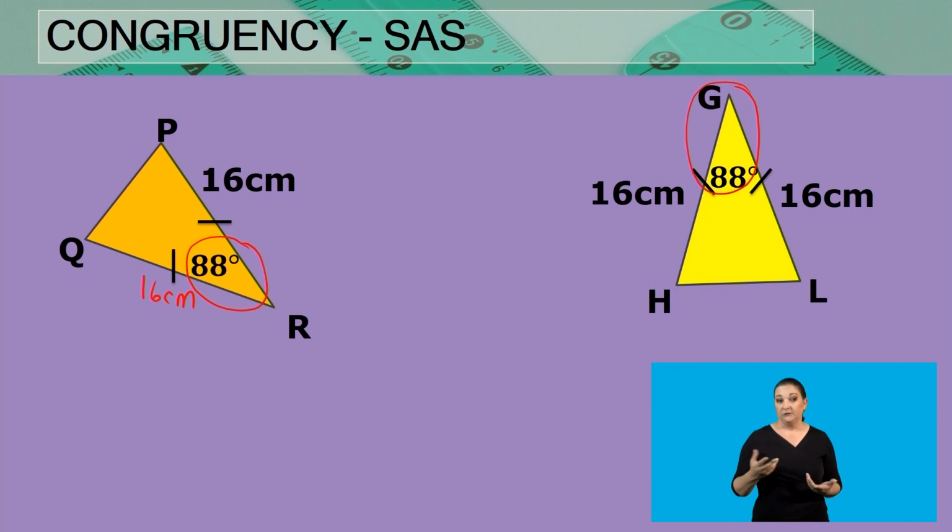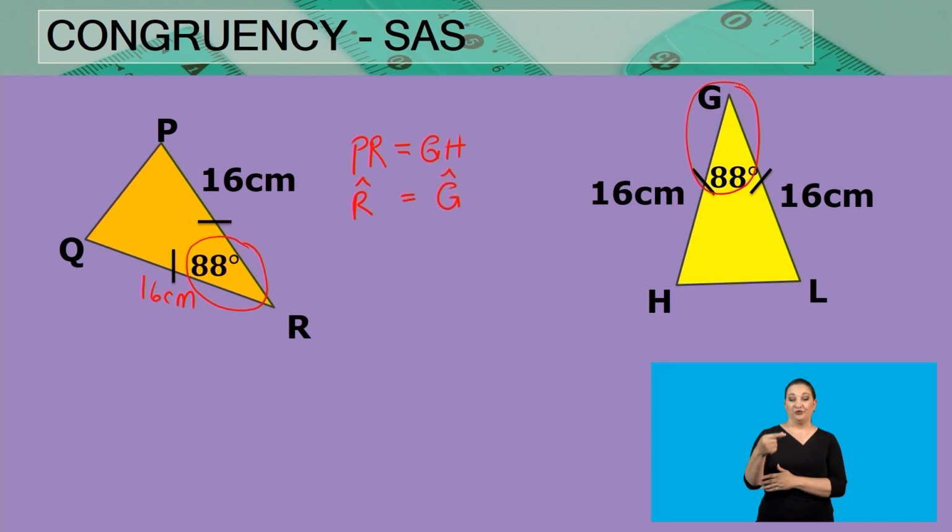So here we can see that PR is equal to GH, and we can see that angle R is equal to angle G. And lastly, we see that QR is equal to GL. So what does that mean, or what conclusion can we make?